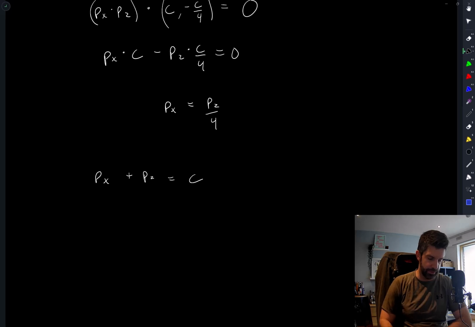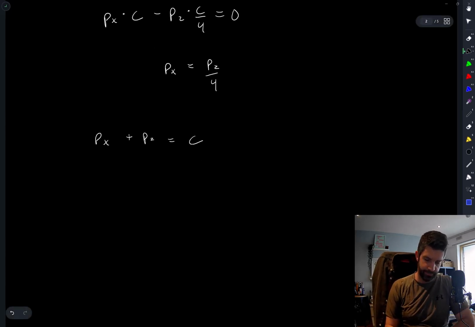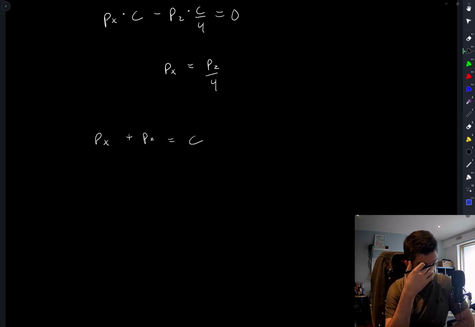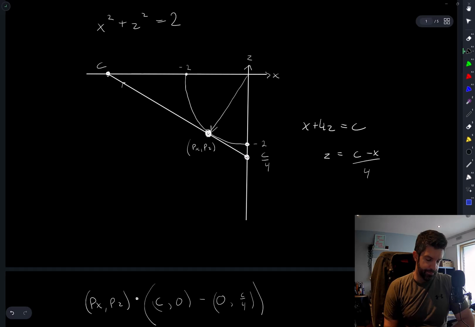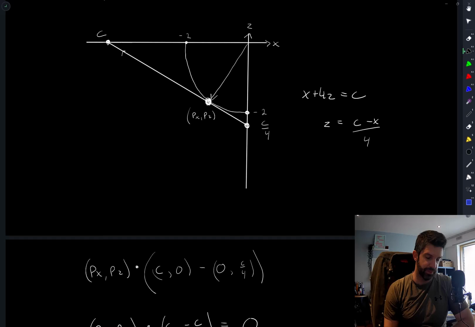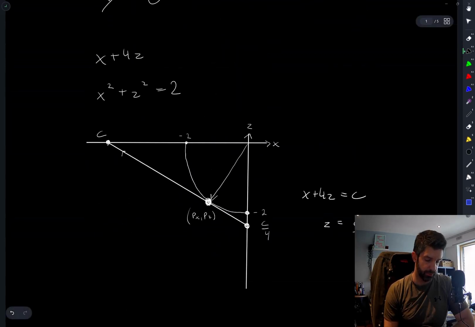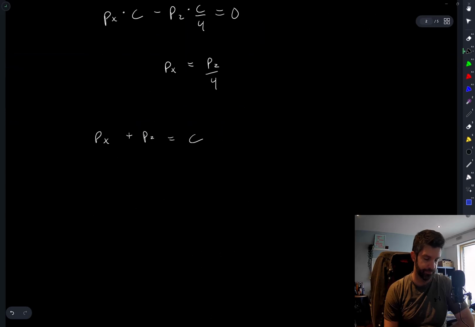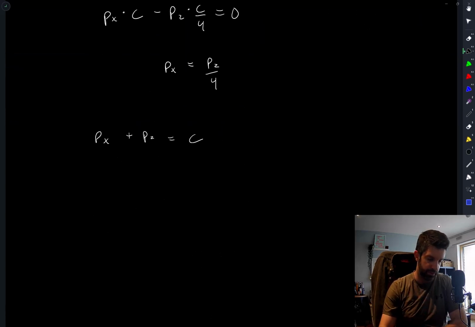Okay, so that's three unknowns though, and obviously I have px squared plus pz squared is equal to 2. Yeah, maybe that'll help.